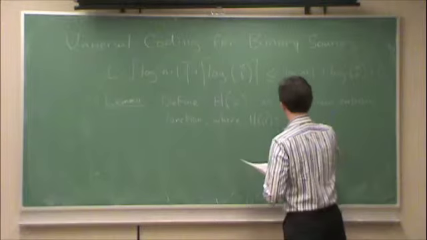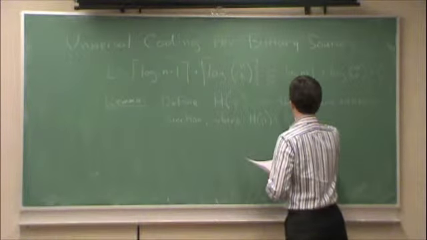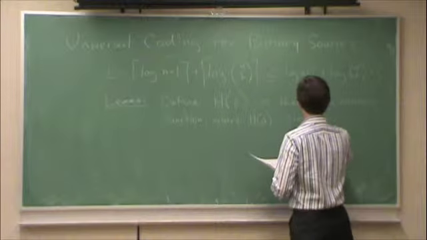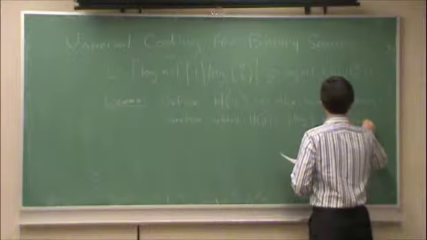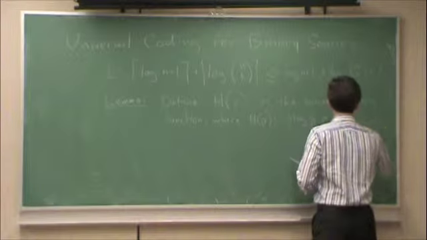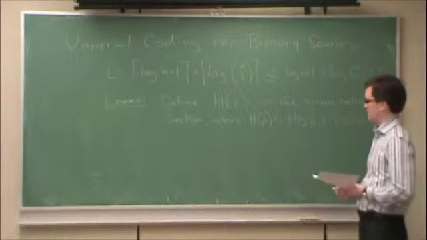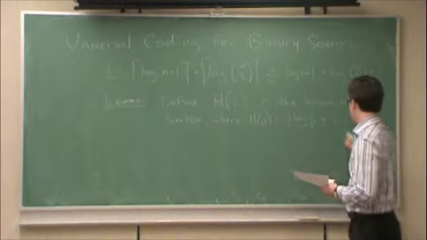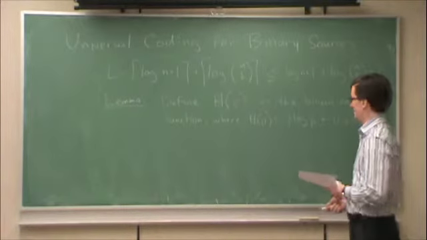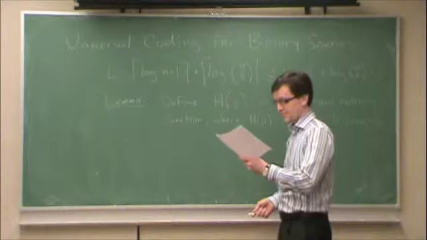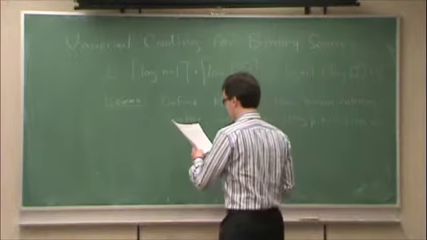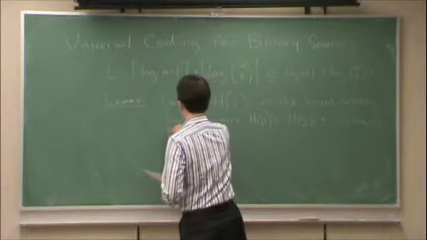So what would that be? That would be p log 1 over p plus 1 minus p log 1 over 1 minus p. So if p was the probability of 1, this would be the entropy. So it's just some function of p. If that is true, then we have the following.